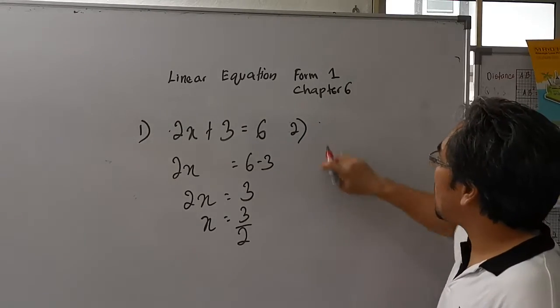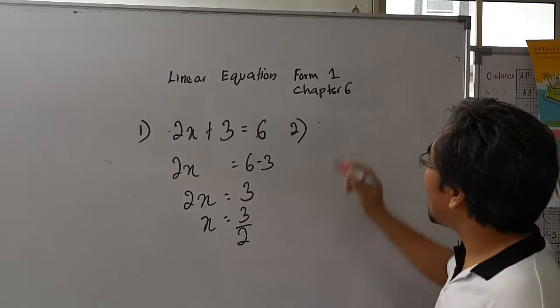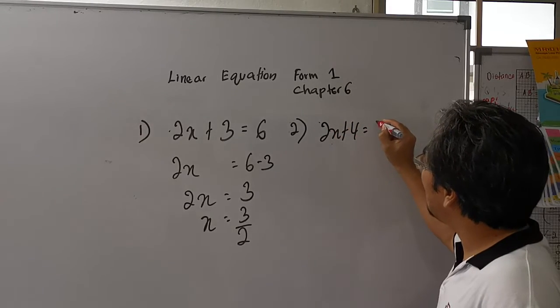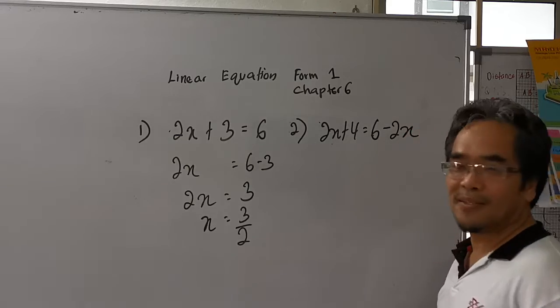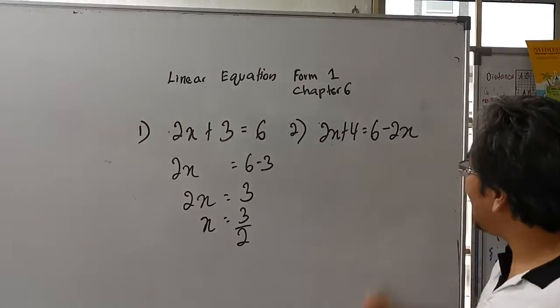Let's talk about when algebra is on the left side and the right side. We have 2x plus 4 equals 6 minus 2x. Okay, now it's more complicated. Can you guess?